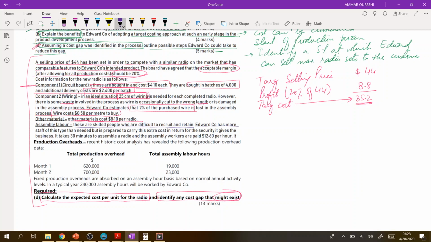Now, assembling labor, these are skilled labor who are difficult to recruit and retain. The company has some more staff of this type than needed, but is prepared to carry this extra cost in return for the security it gives to the business.